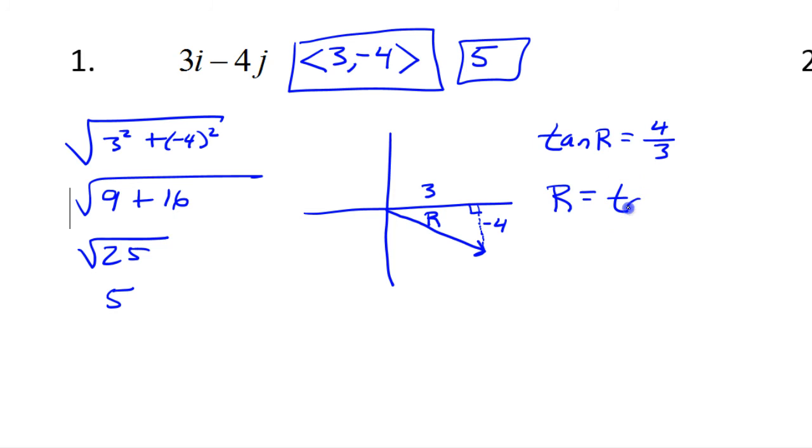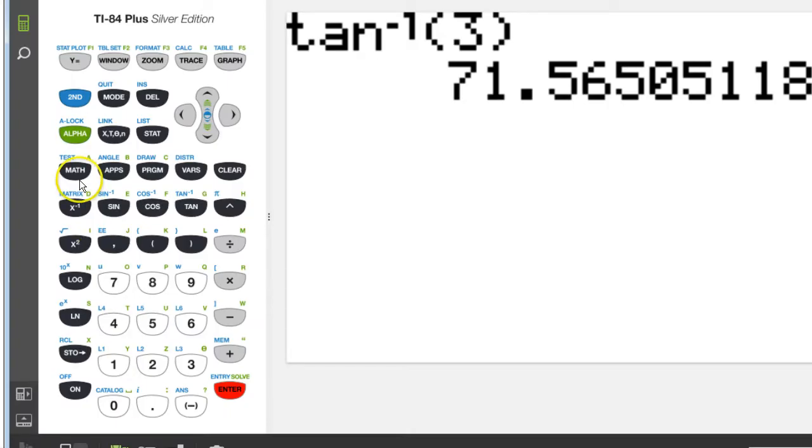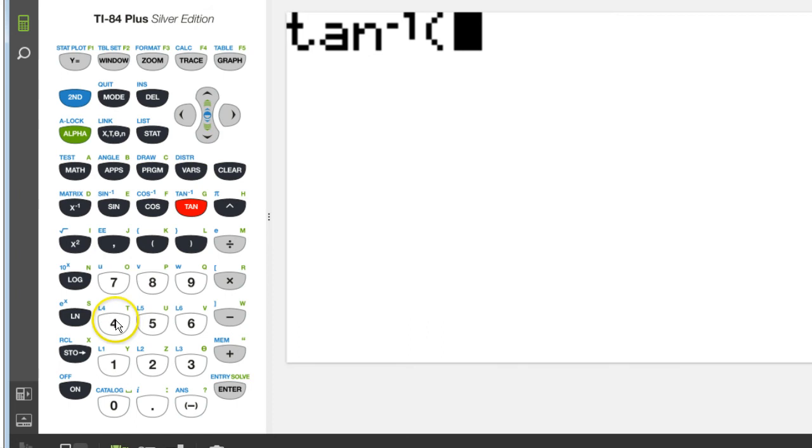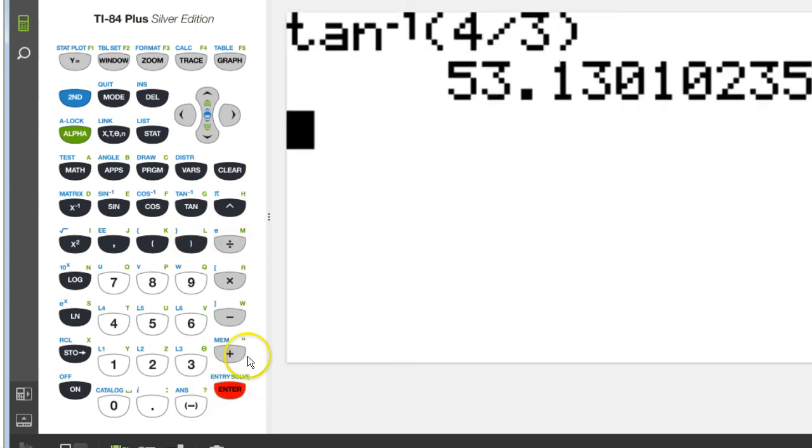R will then be the inverse tangent of 4 over 3, which I will find on my calculator. Inverse tangent of 4 over 3, 53.13.